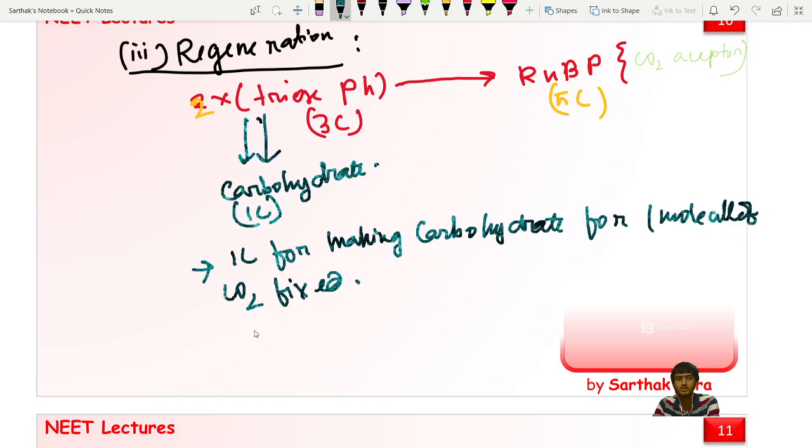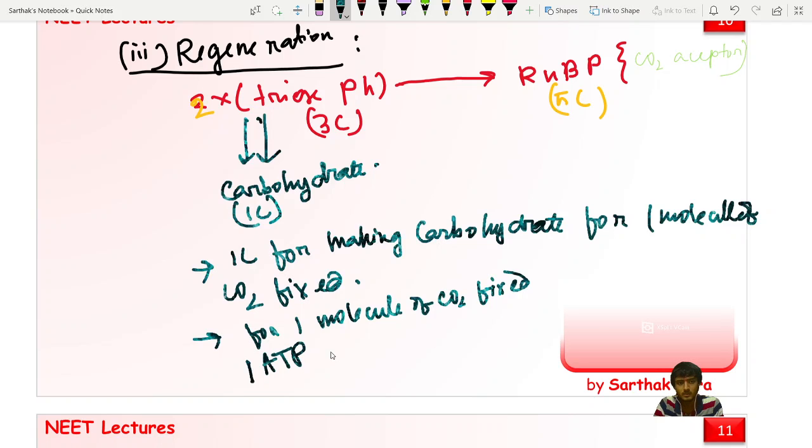In this step also, for 1 molecule of CO2 fixed, 1 ATP is converted into 1 ADP in regeneration.